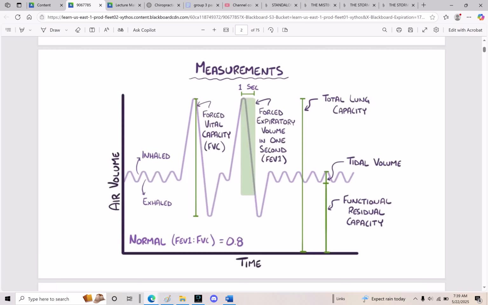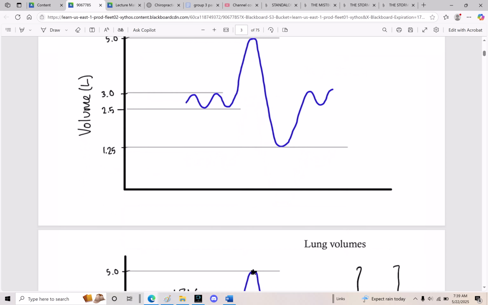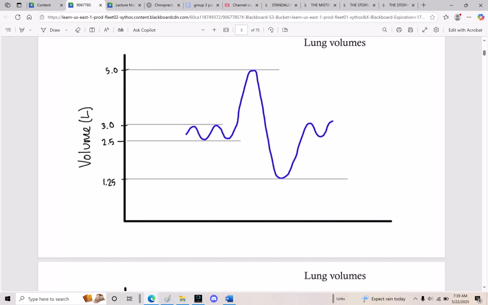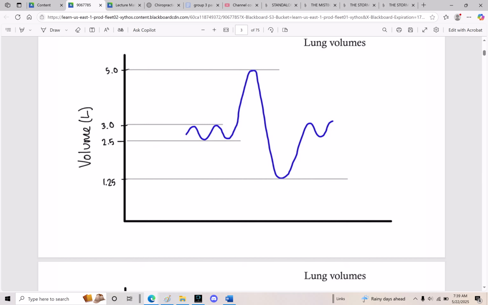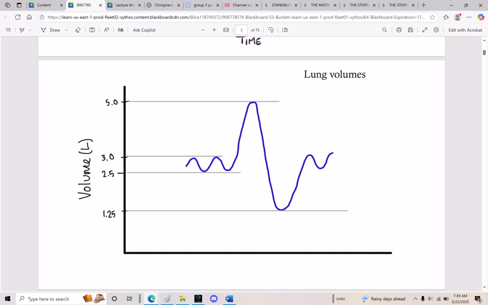All right? Okay, so this is basically another way of doing it. This is the tidal volume, right? And this is the inspiratory reserve volume, and all the way down from here, that's the expiratory reserve volume, right? Again, these are the same numbers, the IRV, the TV.